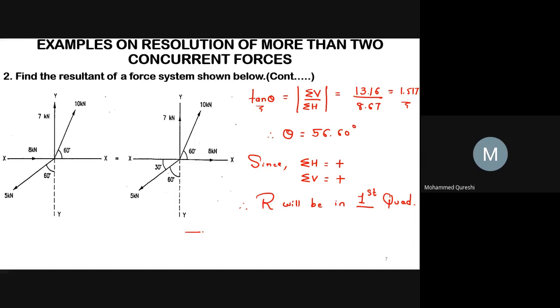So here we will simply draw the figure locating the resultant and magnitude. Since sigma h is positive and sigma v is also positive, your R will be in the first quadrant, making an angle of 56.60 degree.